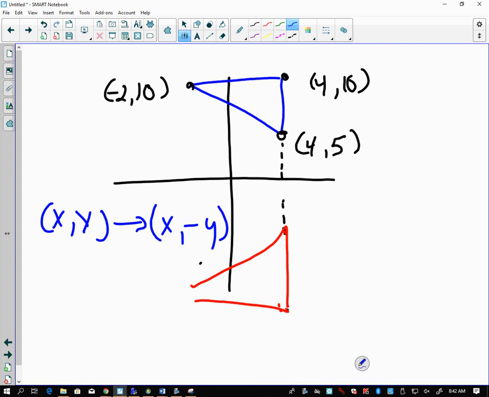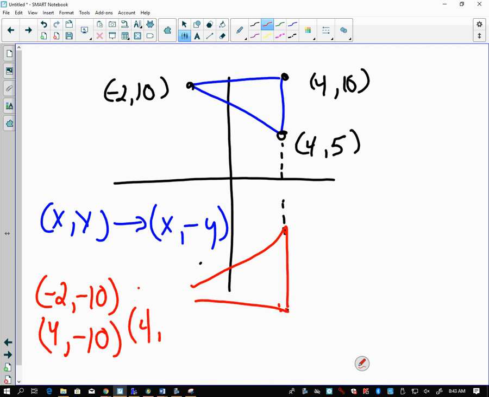All I did was flip everything down the same distance across the x-axis. So I don't even have to think about it. I know that I'm going to get -2, -10, 4, -10, and 4, -5.